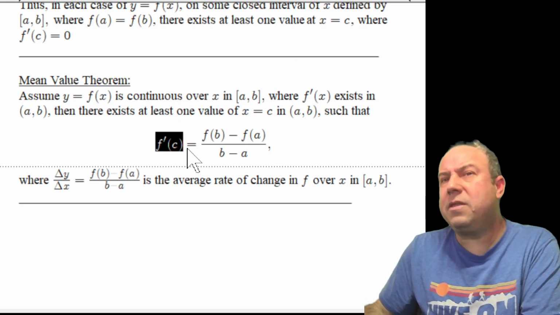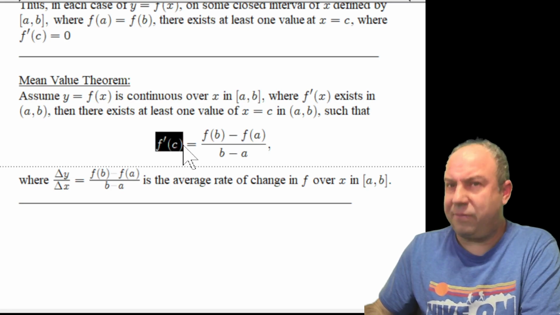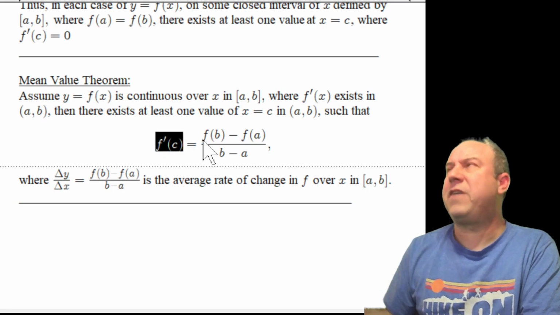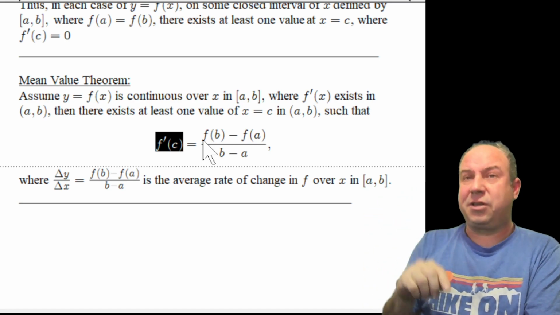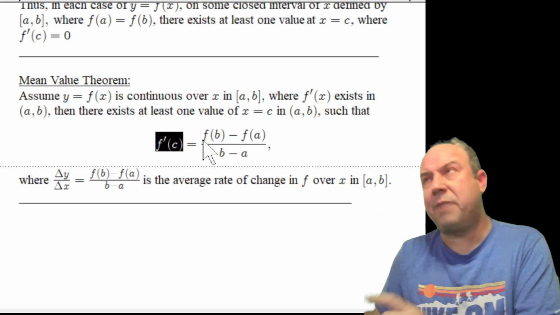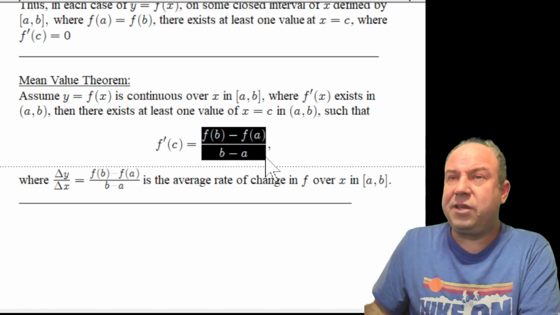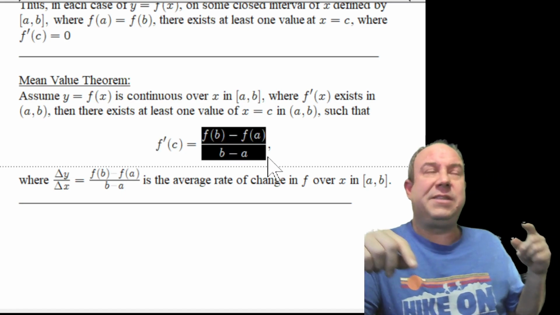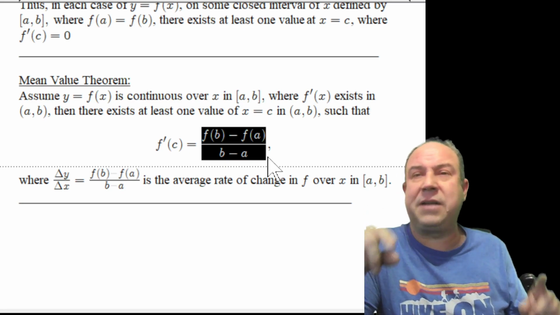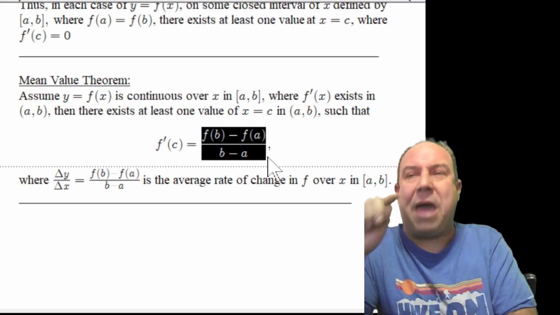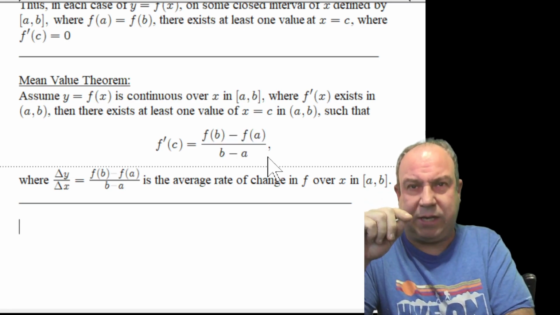And that means that if we're differentiable, there has to be at least one value where we're differentiable, where the slope of the line tangent to the curve at that value, f prime at c, is equivalent to what we would say is the average rate of change in our function, where graphically that's going to correspond to the slope of the secant line passing through those two endpoints.